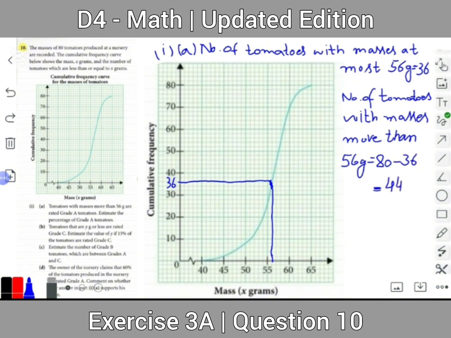So the number of tomatoes with masses more than 56 grams is equal to 44.